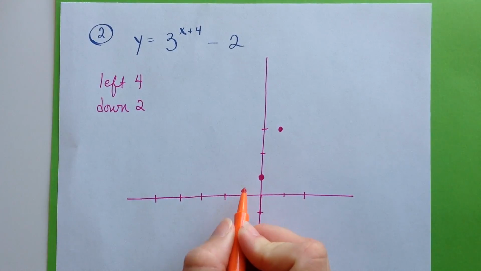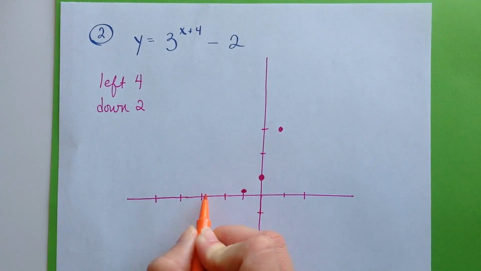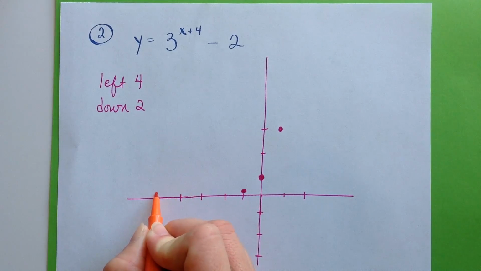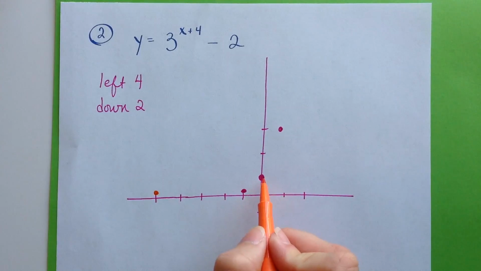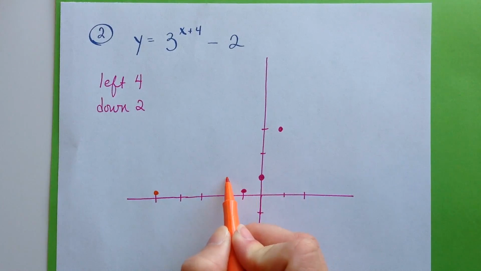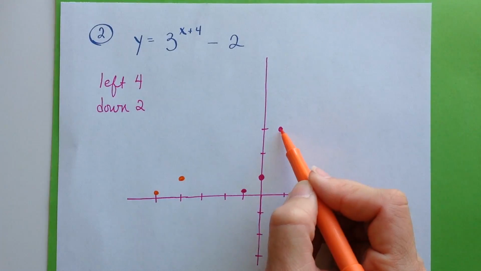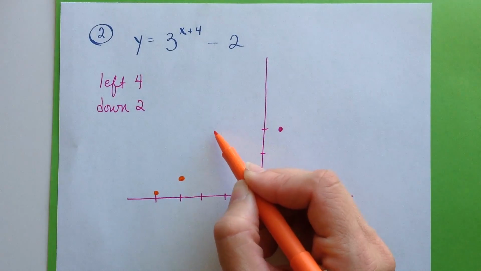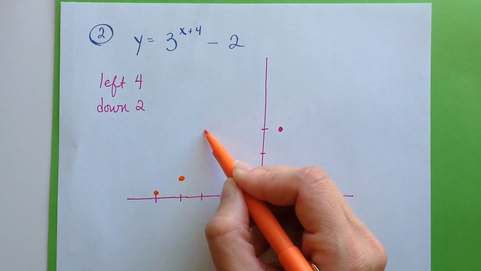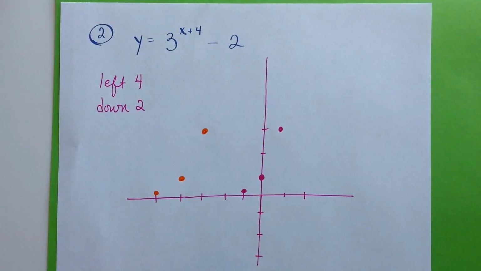So starting with this point, and now this point, left 4, and now this one. Okay, now I'm not going to connect those up because I still have one more transformation, because now I've got to shift each one of those down 2.